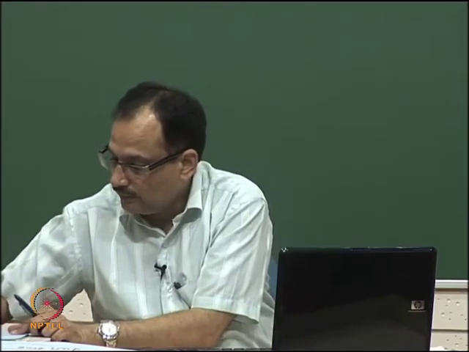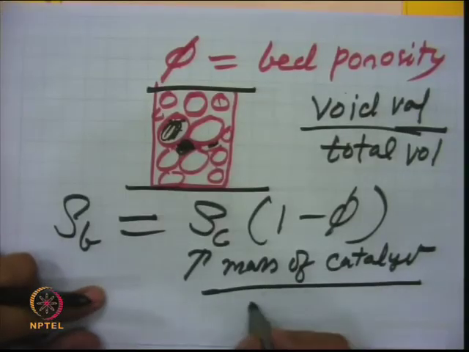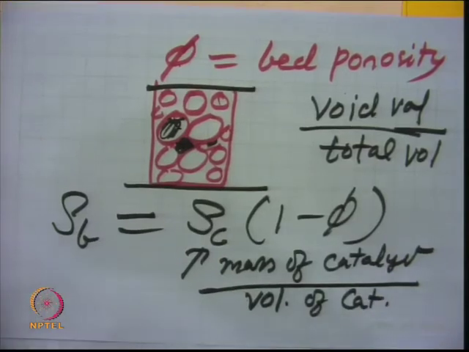So, this rho c is defined as mass of catalyst divided by volume of catalyst. But since there are voids, the volume of catalyst will be less, and in the reactor you need a larger size of the reactor, because there are gaps.